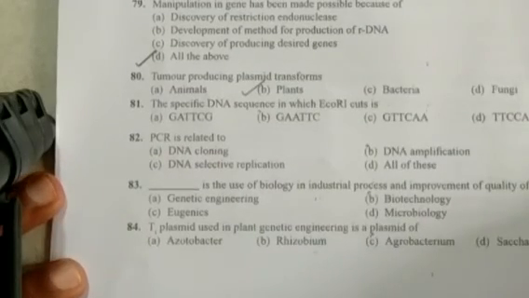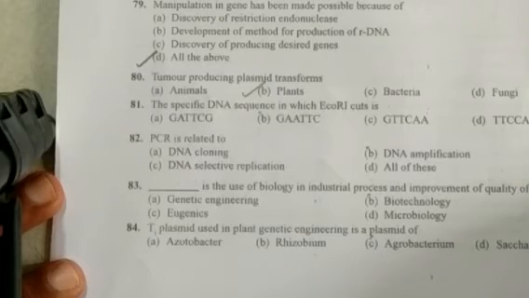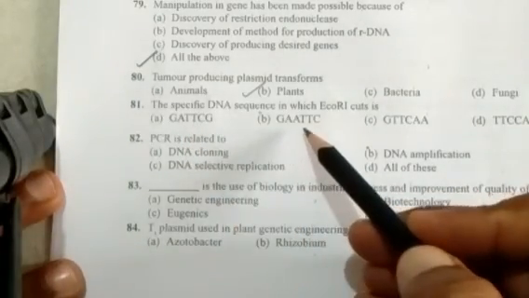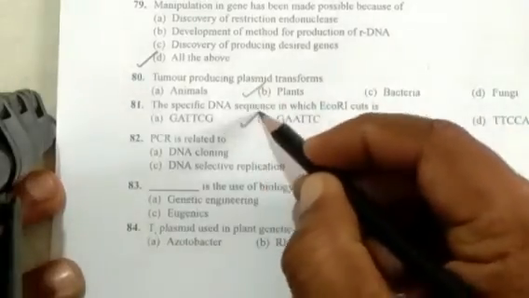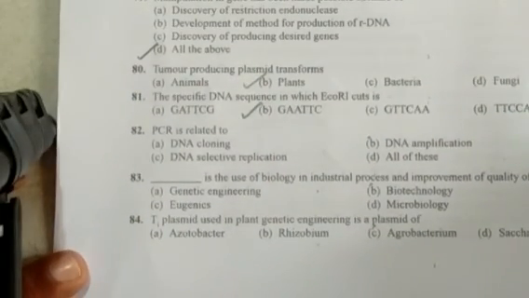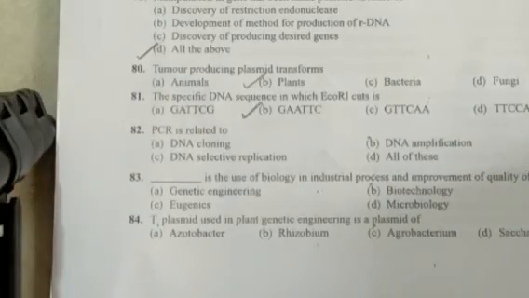Palindromic sequence GAATTC. This is the standard palindromic sequence given in the NCERT book also. So EcoR1 cuts and works on that. GAATTC from 5' to 3', and reading from 3' to 5' it is also the same.